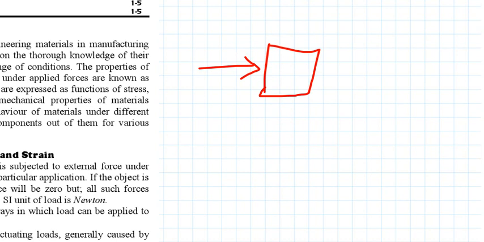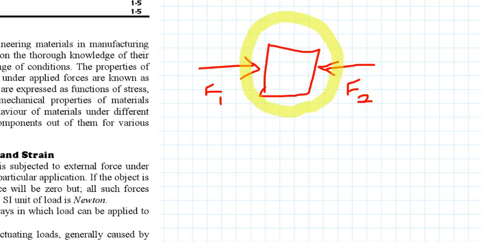But suppose we apply a force on the object from the opposite direction too, and this force is F1 and this force is F2. If both of these forces are equal and opposite in direction, this object will remain as it is.